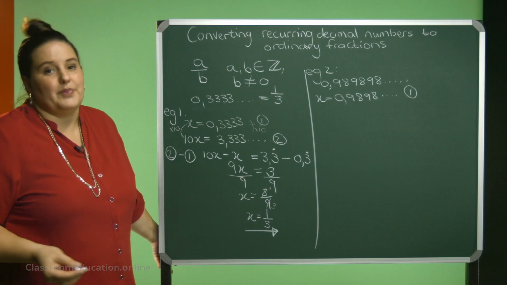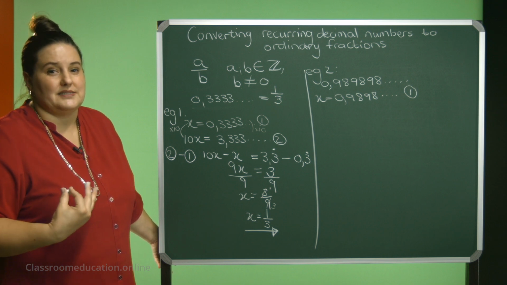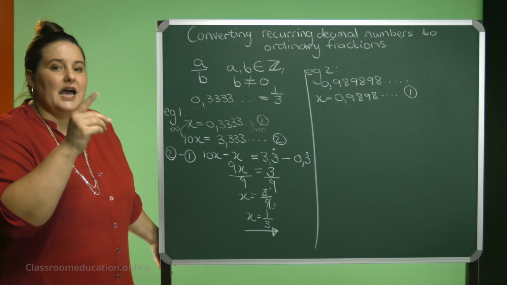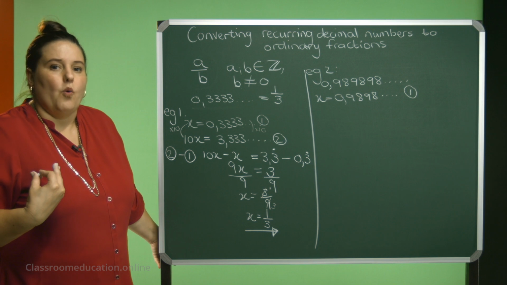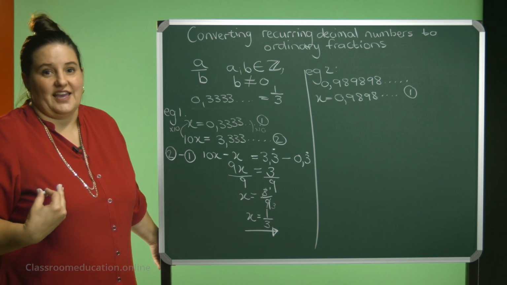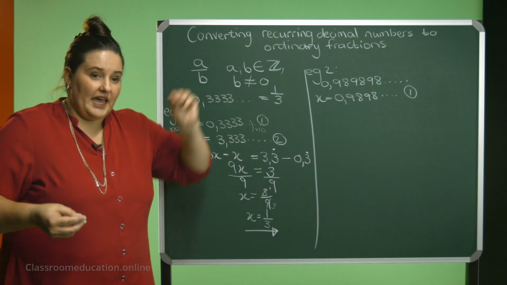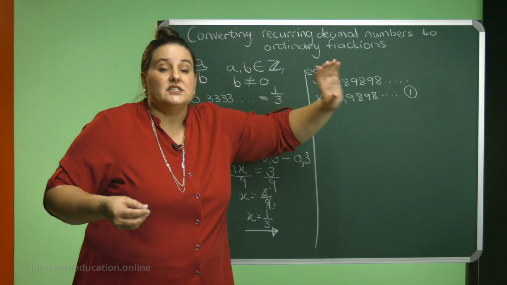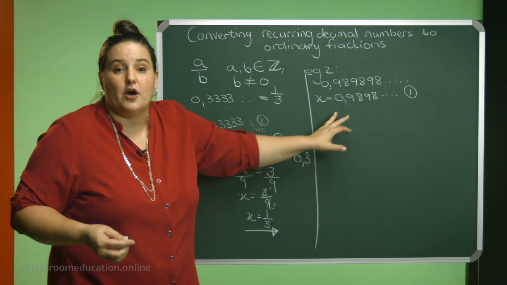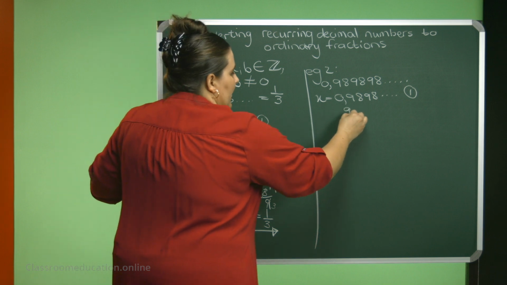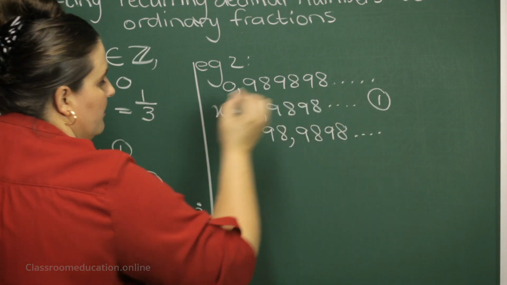Now, the second part is I would like to have one of those recurring patterns on the left-hand side of the comma. What is the recurring pattern in this case? The recurring pattern is 98. So it's 0,98989898. So I would like to have a 98 on the left-hand side of my comma. So 98,9898, and so on.